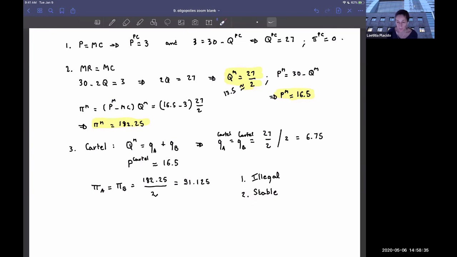Because each firm has an incentive to cheat. Each firm has an incentive to deviate from this production. So cartels are not stable because each firm has an incentive to increase its production and get higher profit.